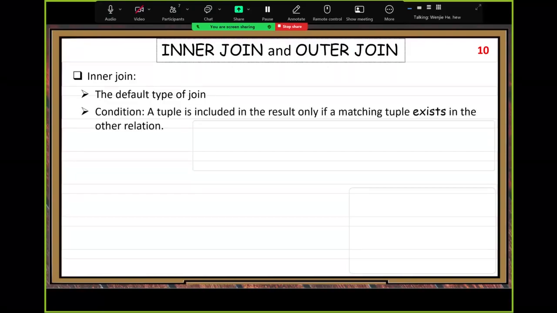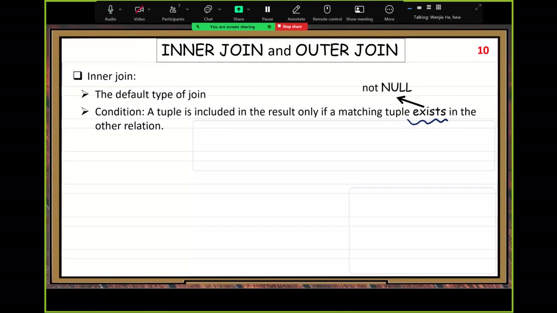The condition: a tuple is included in the result only if a matching tuple exists. If it does not exist, you do not include it. That's the inner join. But for outer join, it's different. If the matching tuple does not exist, we still include it. Exists means not null.